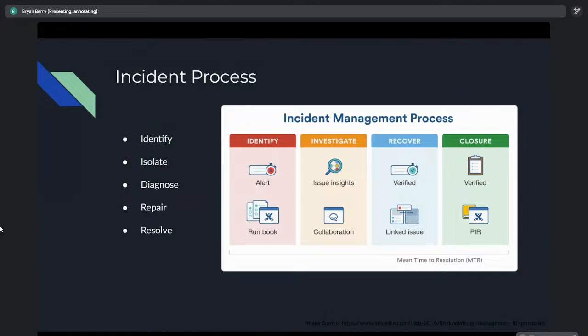So even though you fix something, it may take time for the system to actually recover, okay? So you want to track things and make sure that your action to repair actually results in resolving the issue, okay? And ideally, if you're in a very, very well processed organization, you should be tracking each of these, okay?